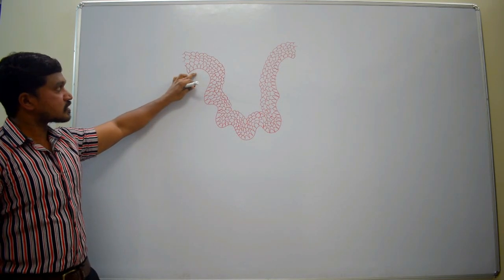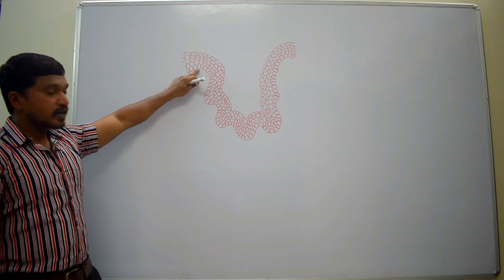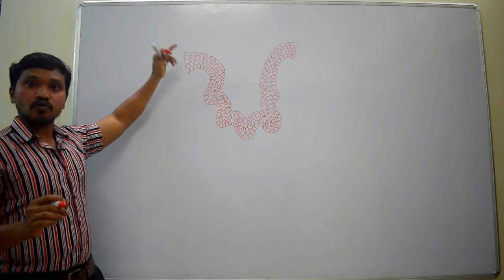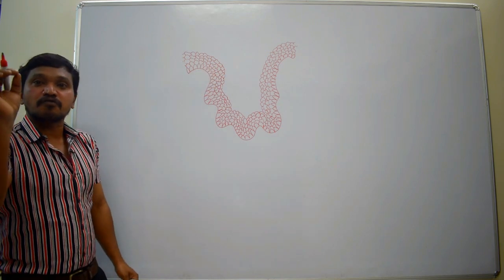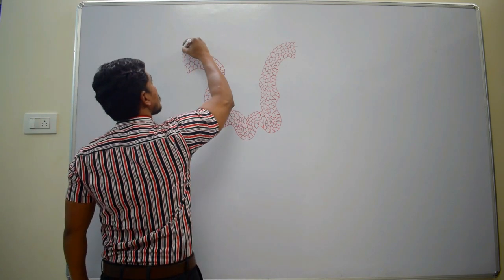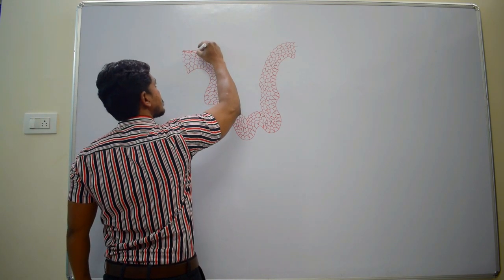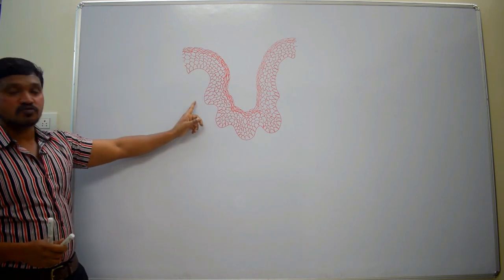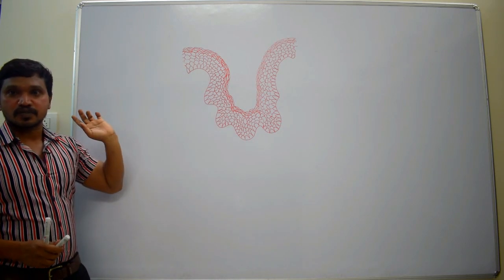Stratified squamous non-keratinized epithelium contains basal columnar cells. Over that, polyhedral cells. Over the polyhedral cells, there will be flattened cells. Those are squamous cells. So, here I am drawing flattened cells.